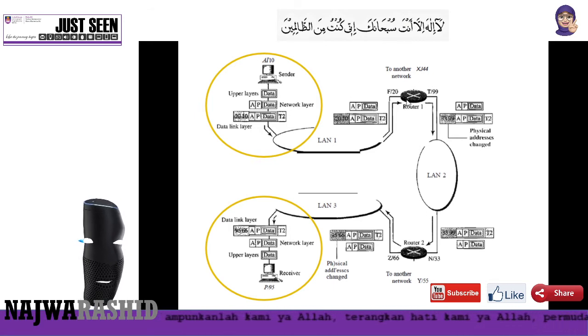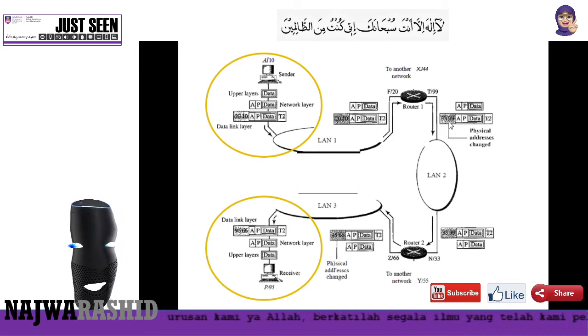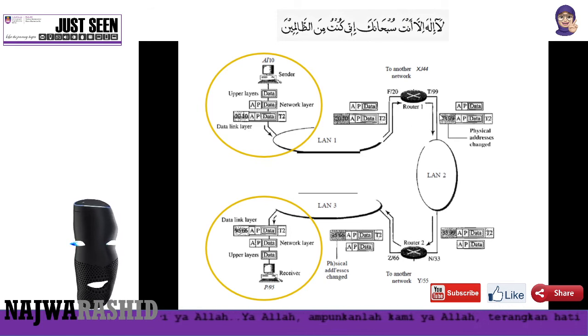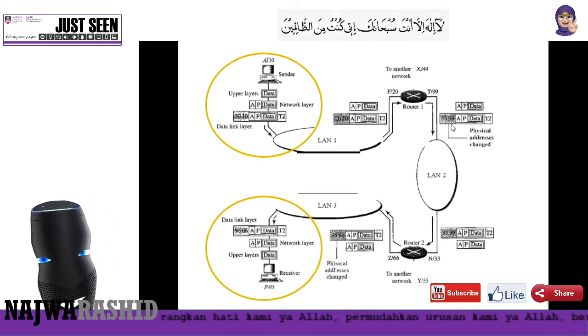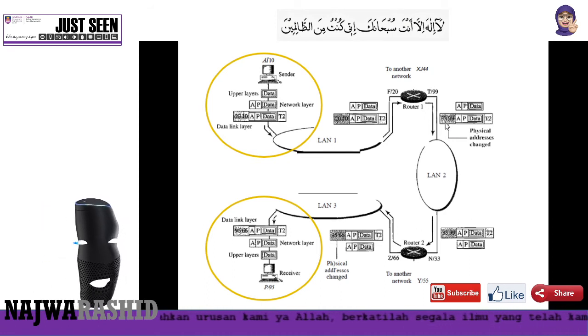Router 1 will check the routing table and identify the next path. So it will change. Instead of 10 as the source and 20 as the destination, when it comes out of router 1, it becomes 99 as the source, and the next hop is 33. So 33 is the destination, so it needs to go to LAN 2.